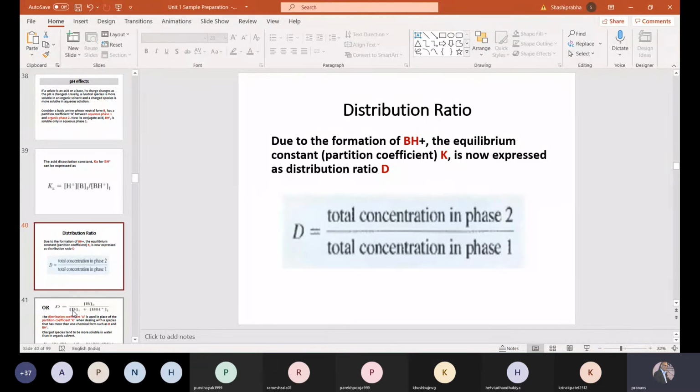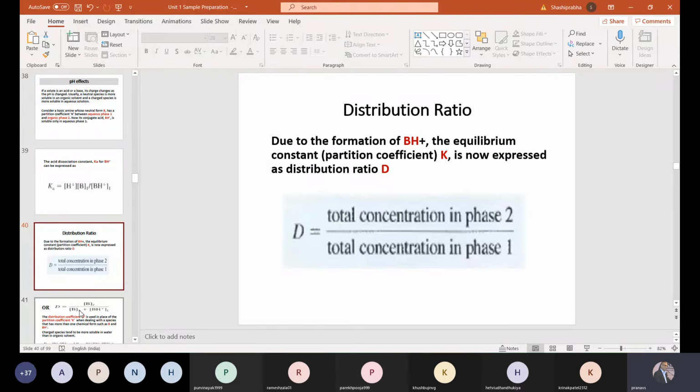Why we do this? In phase 2, of course, there will be only B because it is the organic phase. But when we look at the aqueous phase, we will find base to some extent, and then we have BH+ also. So there are different species of that same substance in phase 1, the aqueous phase.